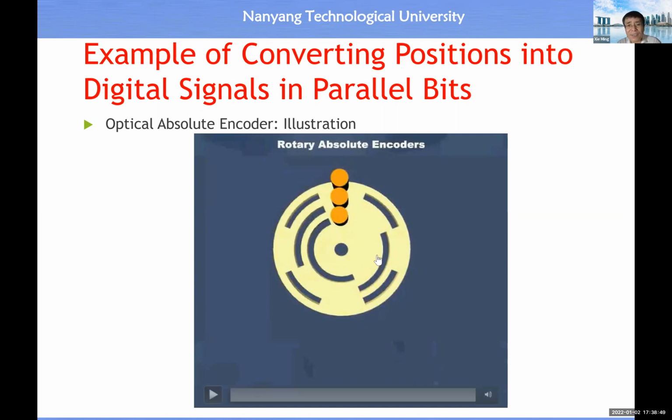Here, this video makes use of 3 bits to illustrate, but in practice we may have 10-bit, 12-bit, or 14-bit in order to have higher accuracy. But for educational purposes, we just use 3 bits to help you understand how it works. In practice, we must come up with a design with 10-bit, 12-bit, or 14-bit.